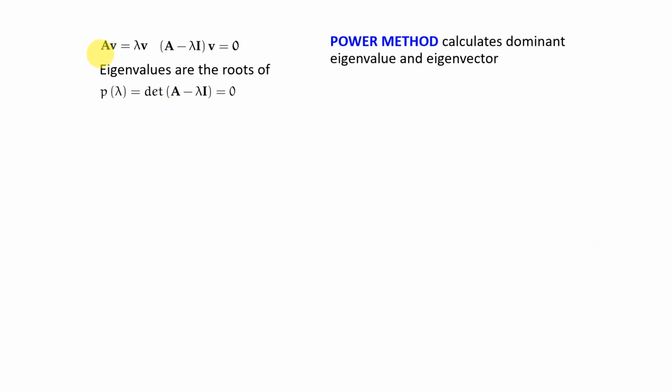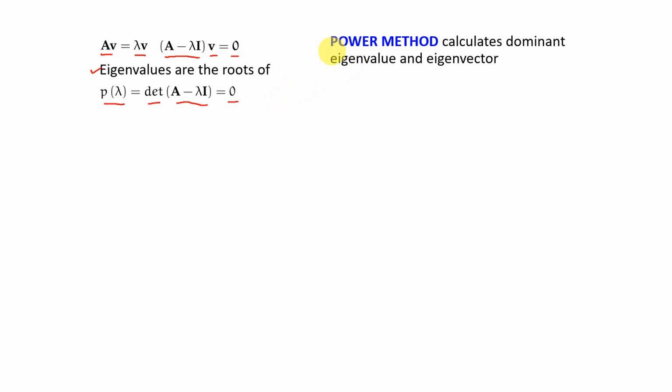Recall the standard eigenvalue problem AV equals lambda V, and we know that this is equivalent to (A minus lambda I) V equals 0. Eigenvalues come from the roots of the polynomial P(lambda), which is the determinant of A minus lambda I. Setting it to 0, we can find the values of lambda analytically.